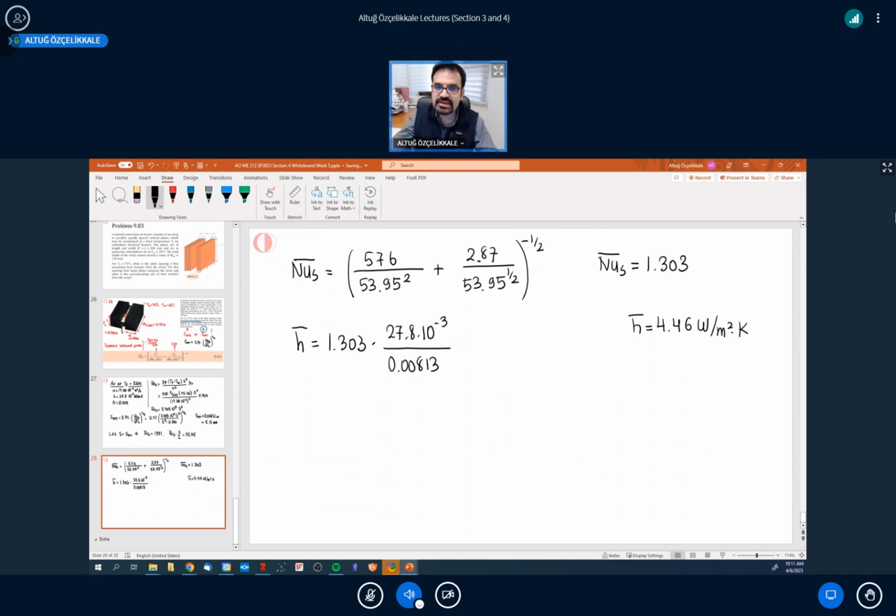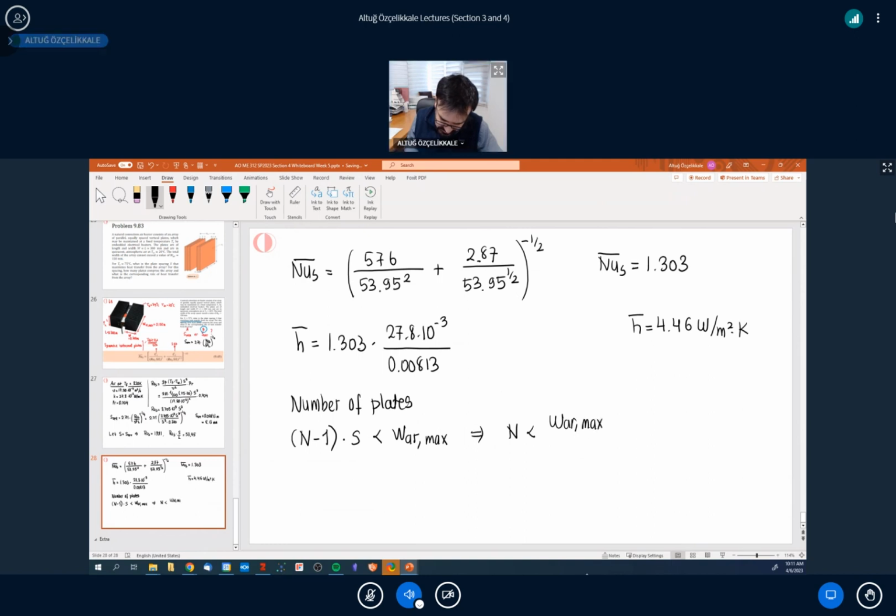So we are being asked to calculate the number of plates. That's a simple geometric calculation. With the given spacing, how many plates can we fit in? That means the number of plates minus 1, multiplied by the spacing, should be less than the threshold constraint that we are given as the maximum array width. From this inequality, you can develop an expression for the number of plates.